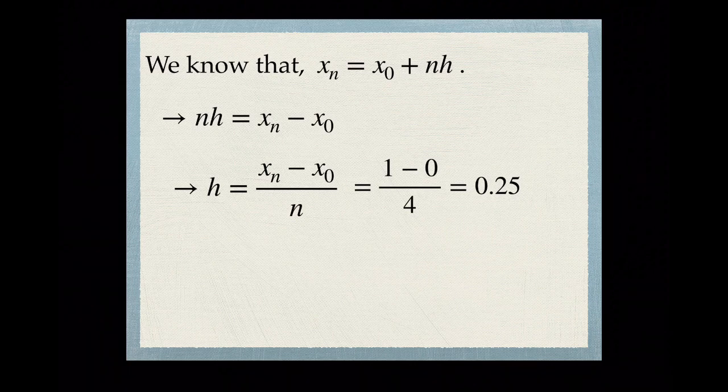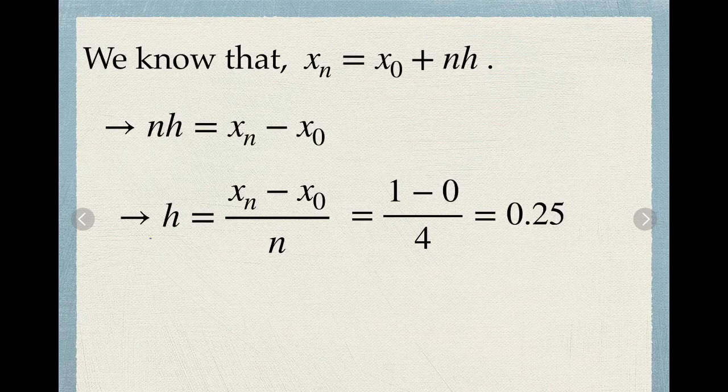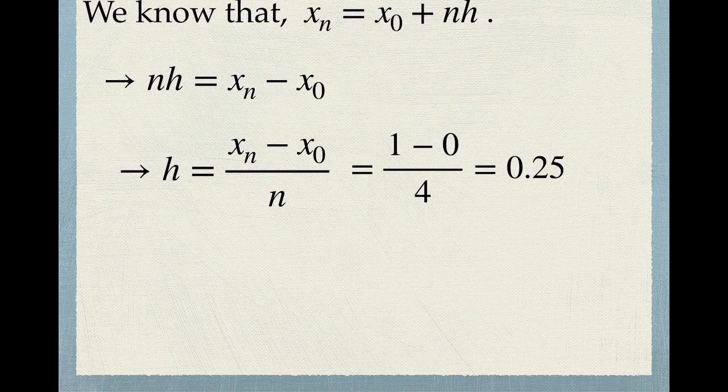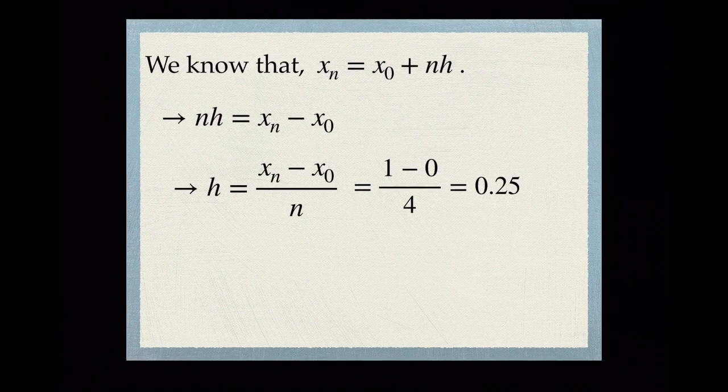So n will be equal to 4, and obviously 1 by 4 value is 0.25. One thing which I would like to highlight here is h is equal to 0.25. In our formal definition we saw that h stands for step length. It plays a very important role. We will see in what way it is important in the next stages.